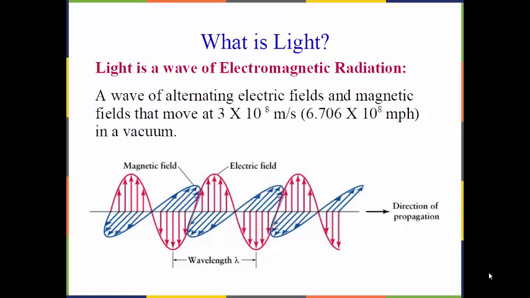The magnetic field is perpendicular to the electric field, and it moves in and out of the page and is indicated by these blue arrows. Don't forget, this wave is moving very fast in the direction of propagation.